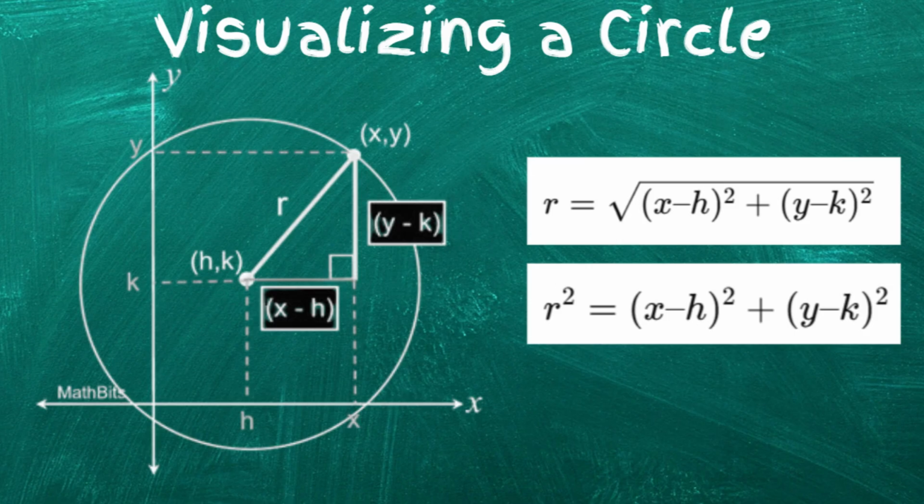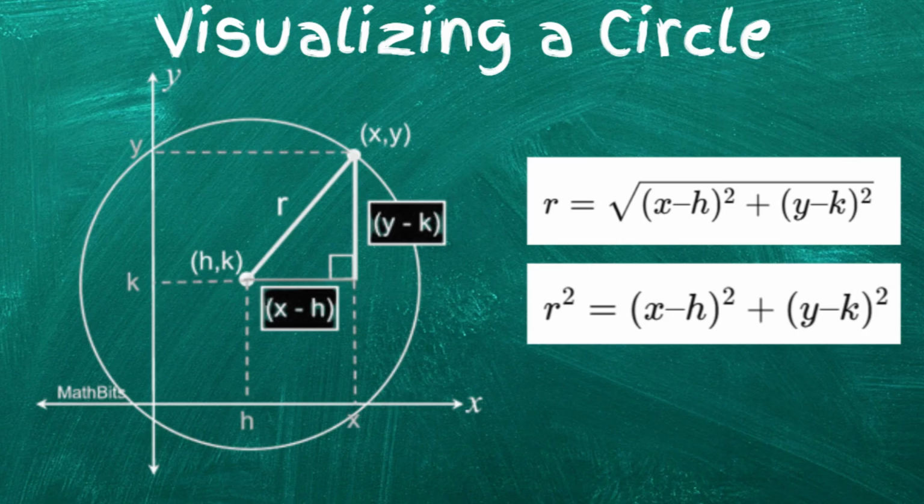Now, suppose the center of a circle is located at (h, k) and the radius has a length of r. To check whether a point (x, y) is part of the circle, you measure how far that point is from the center. And the tool you use is something you already know, the distance formula, which itself came from the Pythagorean theorem.